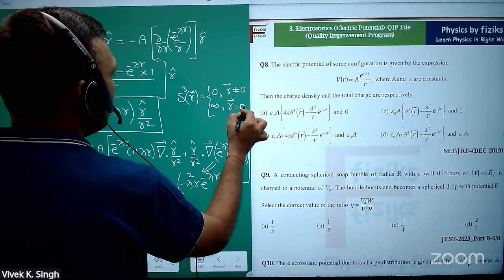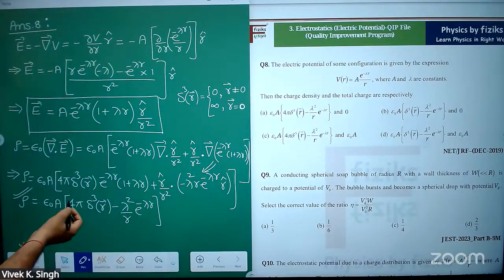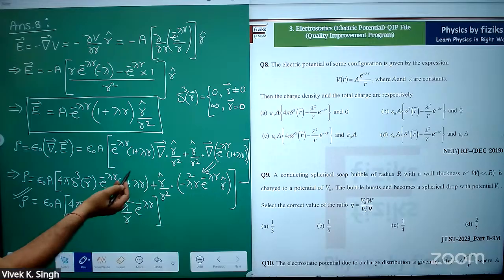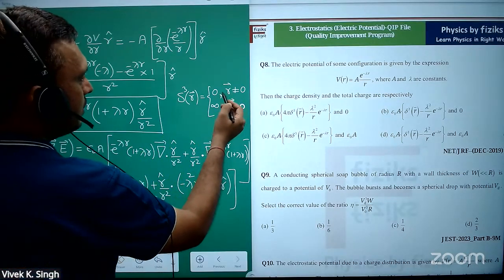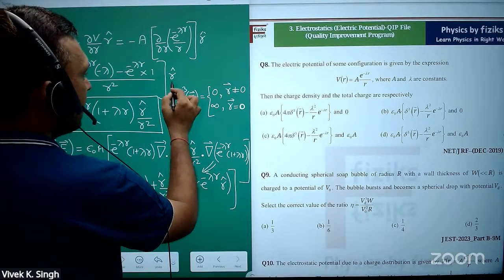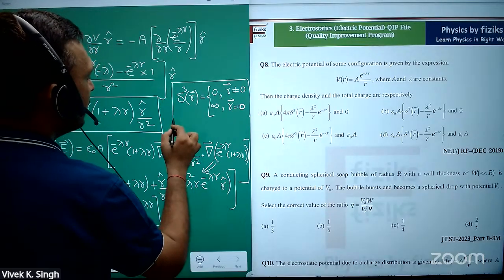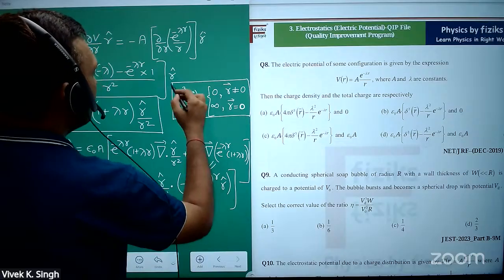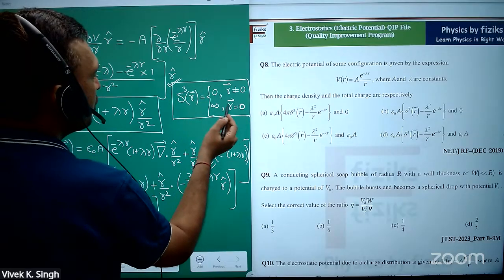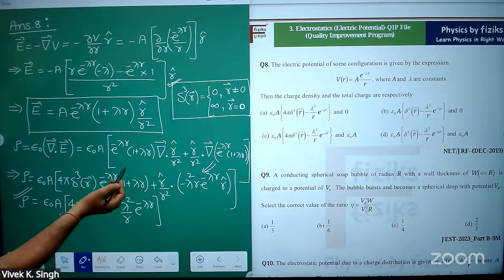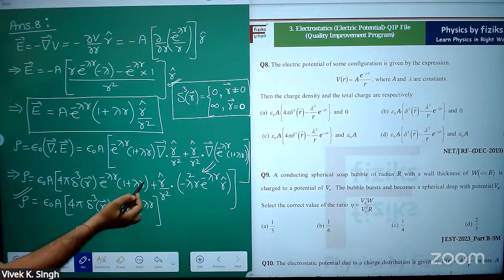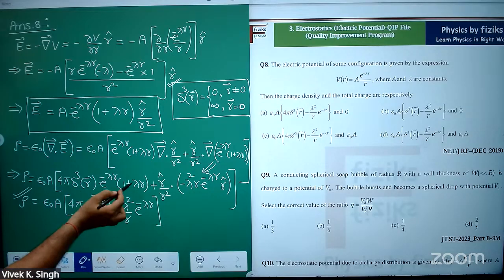At r equal to 0, this value will be infinitely high, and at all other points, this value will be 0. So that is the Dirac delta function. Because it is non-zero at r equal to 0 only, it will take simply the function value. So that's why you can put r equal to 0.